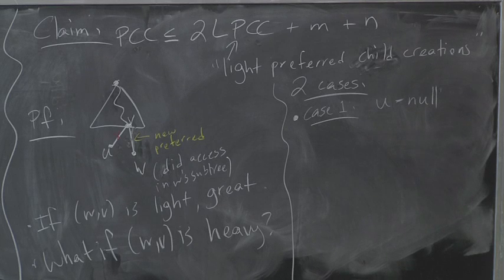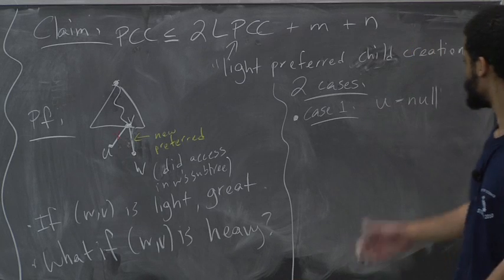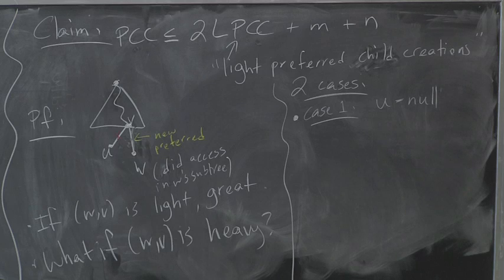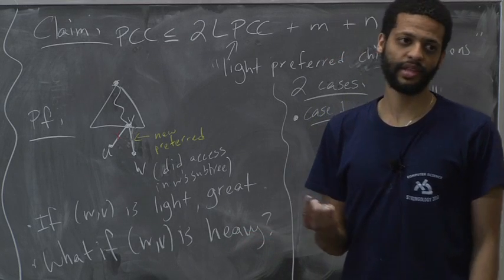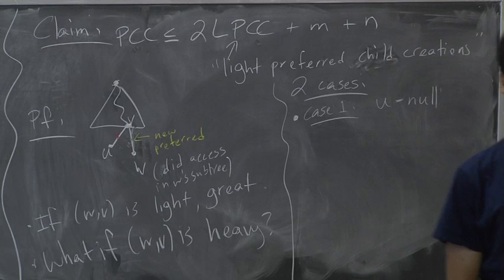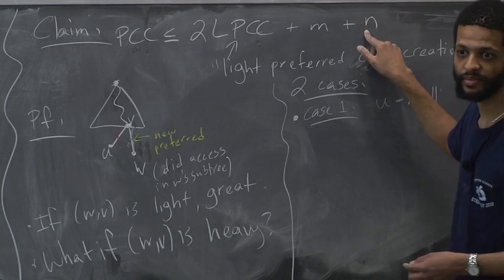And then now that we access something in W subtree, now W is the preferred child. But how many times can this happen? Well, how can it be the case that V has no preferred child? Either this is the very first time we're ever touching V's subtree, right? But that can happen at most n times, right?